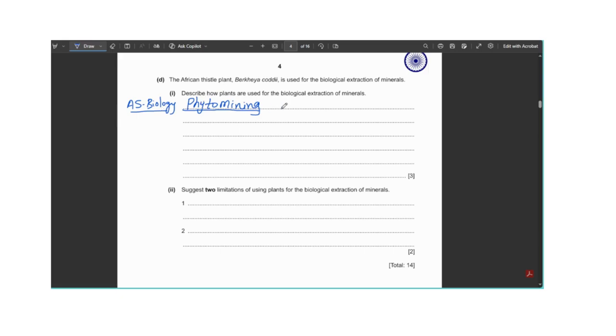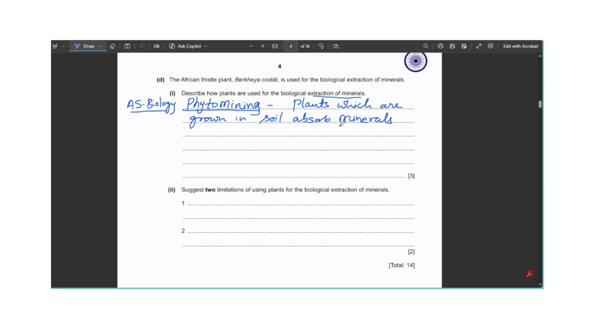So what is phytomining? We are extracting minerals basically from plants. Plants which are grown in soil absorb minerals.